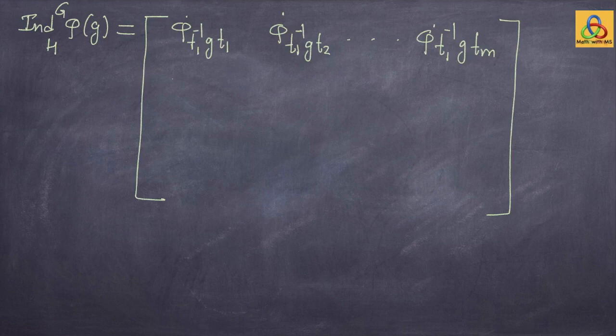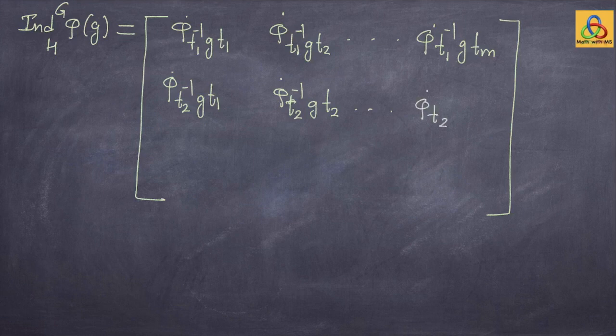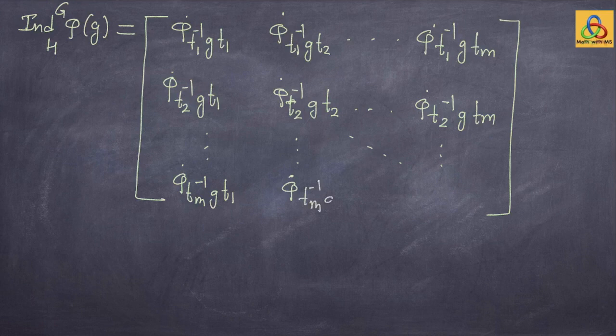And similarly, second row, let me write the second row for clarity: phi dot of T2 inverse g T1, phi dot of T2 inverse g T2, and so on, phi dot of T2 inverse g Tm, and so on, down to phi dot of Tm inverse g T1, phi dot of Tm inverse g T2, and so on, phi dot of Tm inverse g Tm.